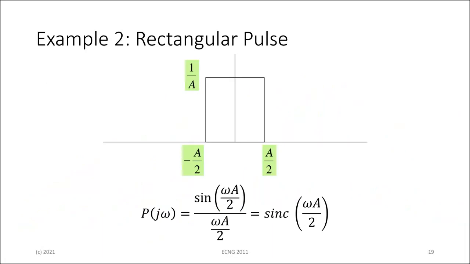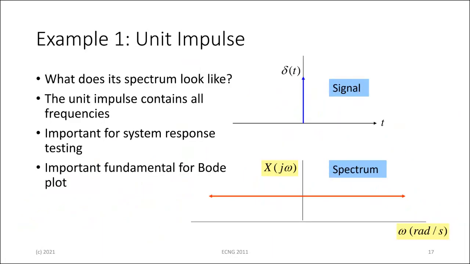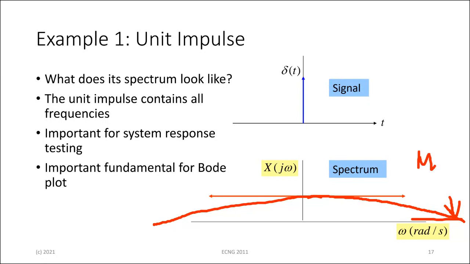In other words, I'm getting closer and closer to what the real spectrum of the impulse is. We can practically get this to go something like that, where this is in the high megahertz range. Yeah, exactly. So the limit as a goes to 0 is an ideal impulse.